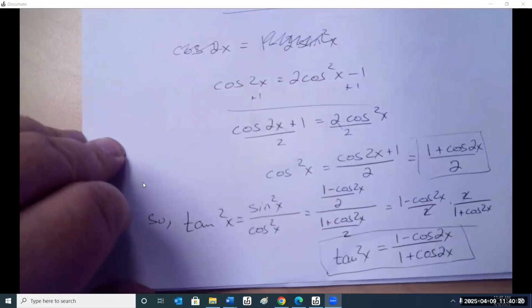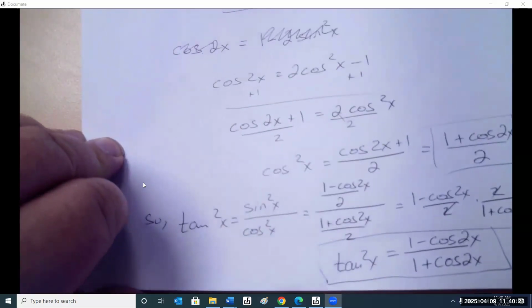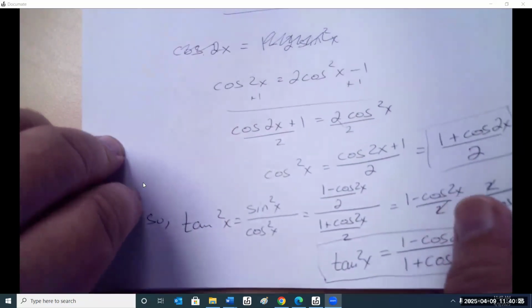Okay, this next one says establishing identity, right? Oh, wow, this is cosine to the 4th power.